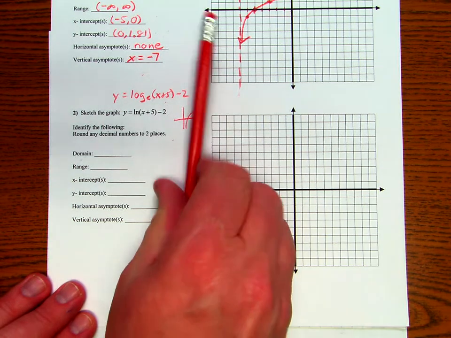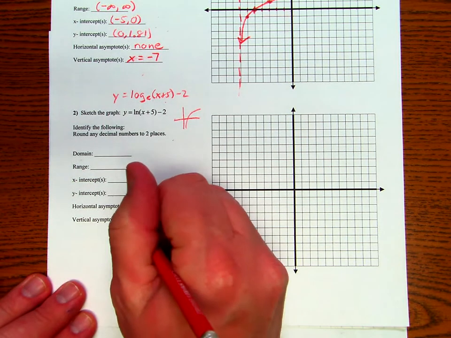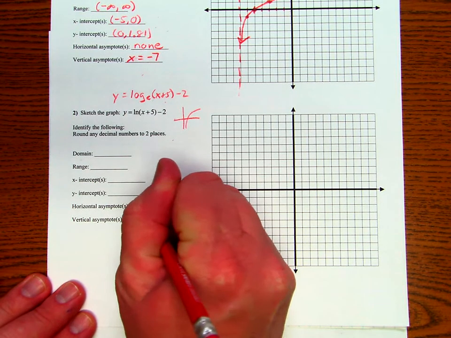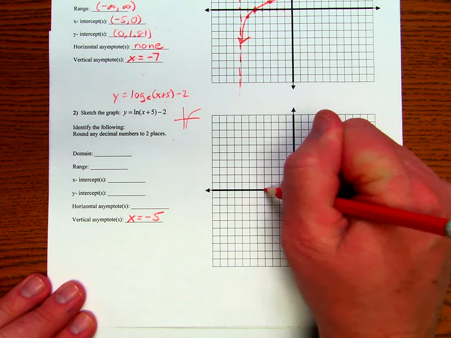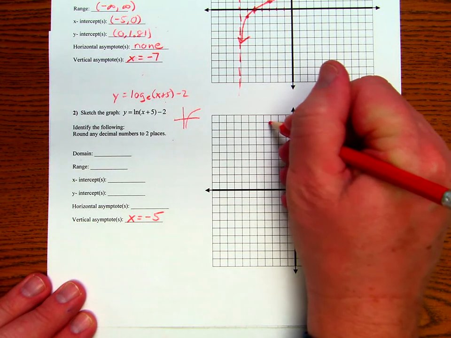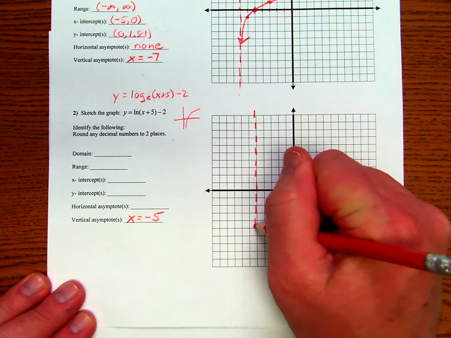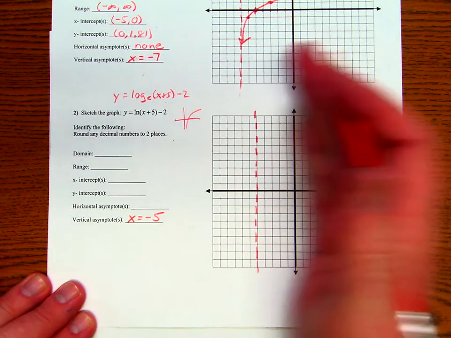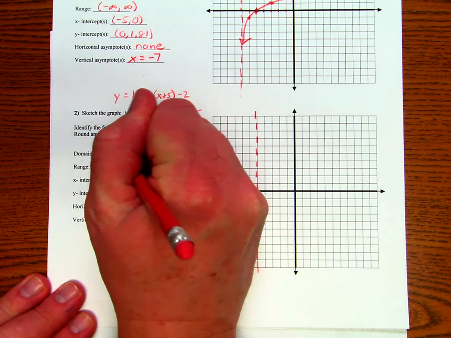So if this graph shifted 5 to the left, that means the vertical asymptote is that x is equal to negative 5. Draw that in. We know the entire graph will be to the right of that line, so the domain is negative 5 to infinity.